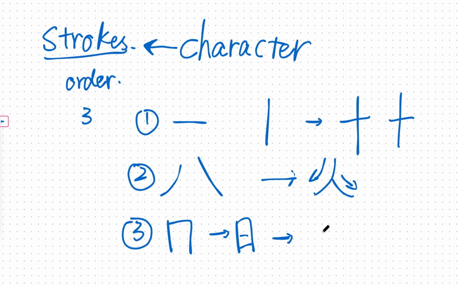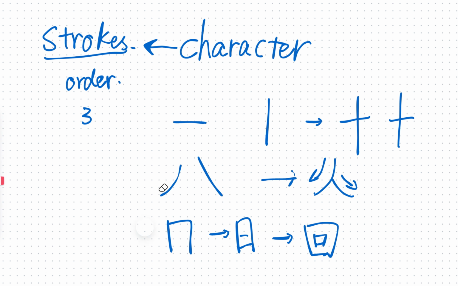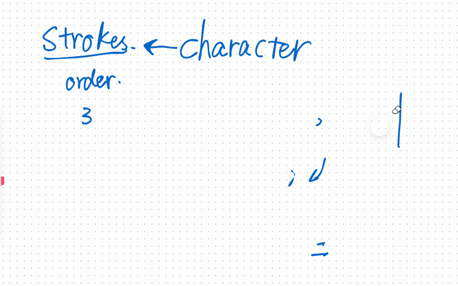For example, in this character, you put the outside three first, then inside, and then seal the structure. We will learn more when we encounter more characters.